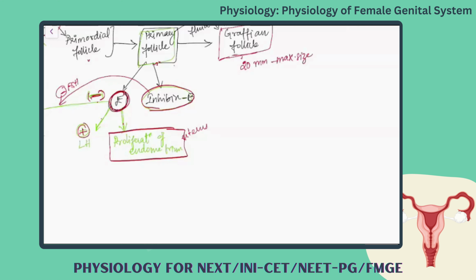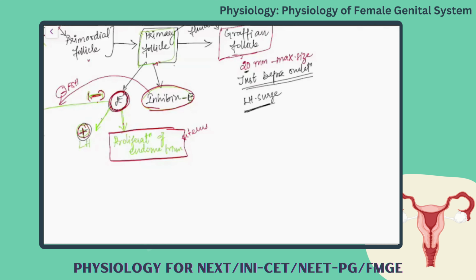When will you obtain this maximum size? Only just before ovulation. Okay, and this increase in the size of the Graafian follicle before ovulation is stimulated under the influence of LH. So there will be an LH surge just before ovulation.